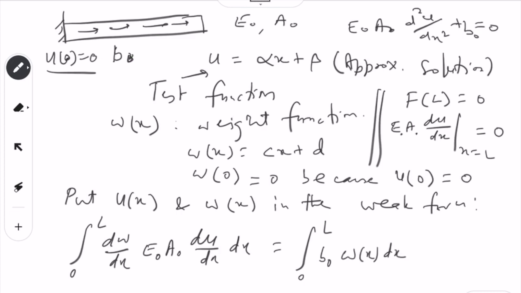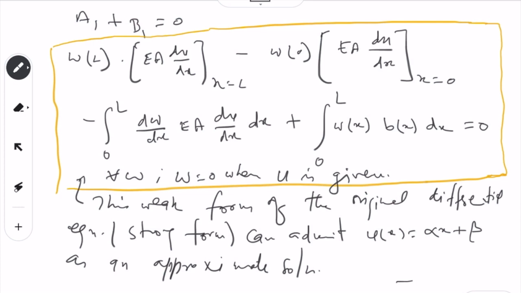Since b(x) is B naught only, we have a constant term here, and since the minus term equals 0, this term equals these terms.